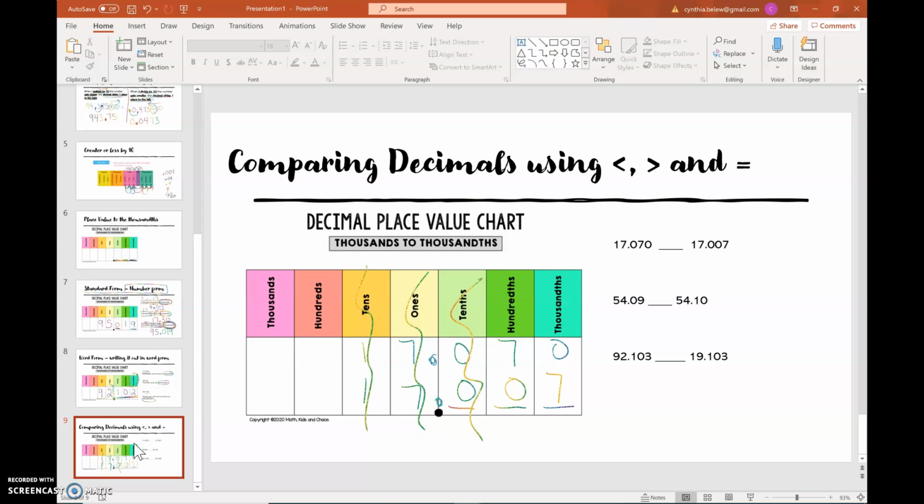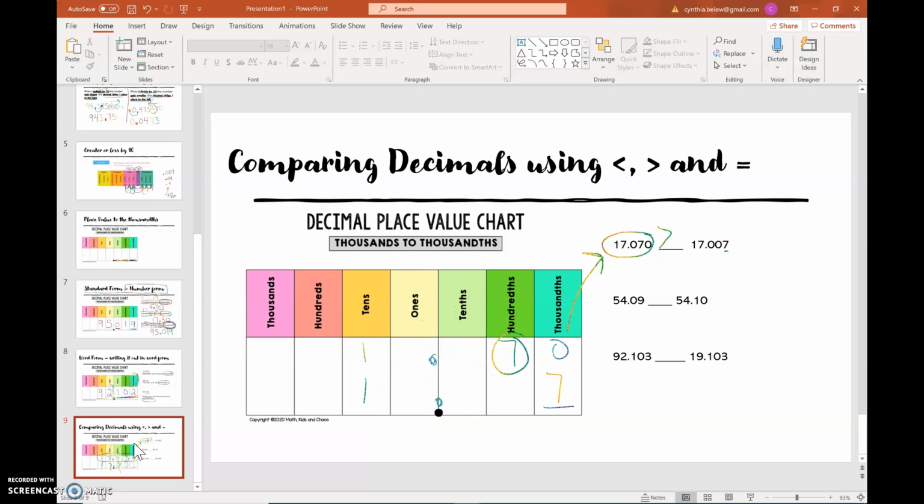Then hundredths. I have 7 hundredths and 0 hundredths. So this one is bigger. This number, so I'm going back up here and I'm circling this number. 17 and 70 thousandths is greater than 17 and 7 thousandths.